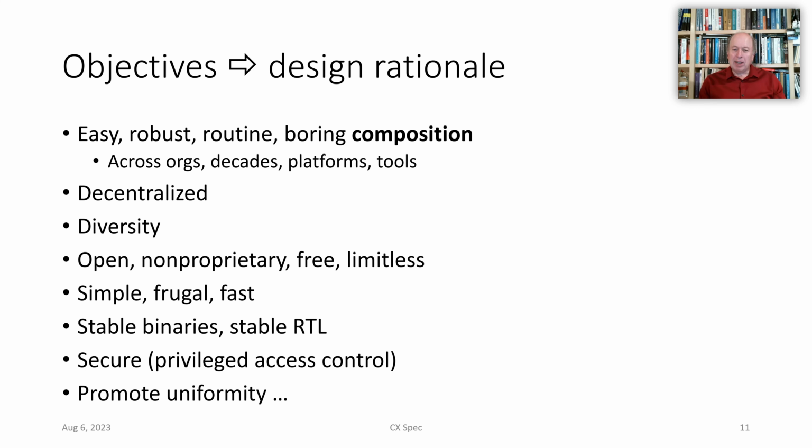We paid a lot of attention to efficiency, favoring the simplest possible mechanisms, the most hardware-frugal mechanisms, and the fastest code paths. We decided that composition must not require recompilation of libraries or regeneration of RTL cores. This is a fundamental decision in the design.